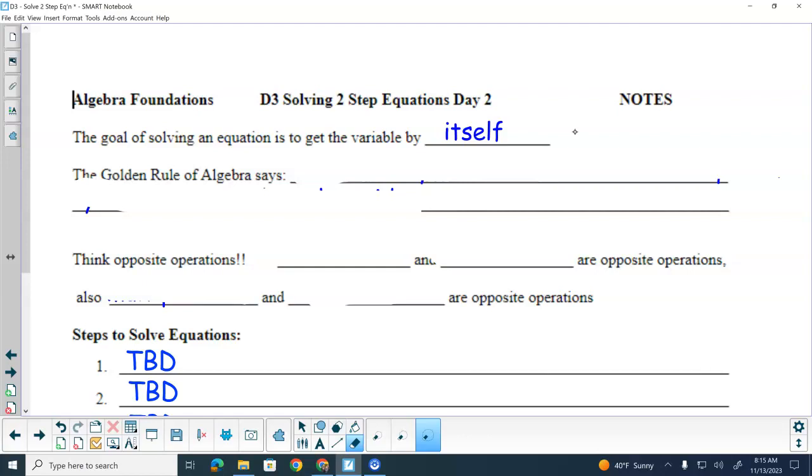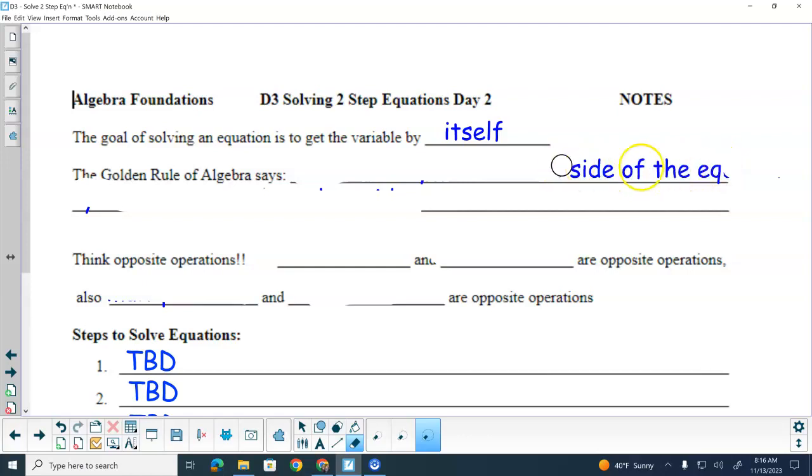What's the golden rule of algebra? Somebody other than Jesse. Somebody else. What's the golden rule of algebra? If you don't know, flip your page over and look back. What do you got? Whatever we do on one side, we've got to do on the other, right? Okay?